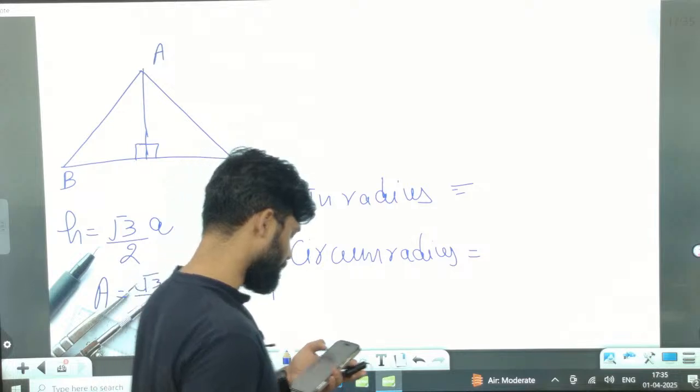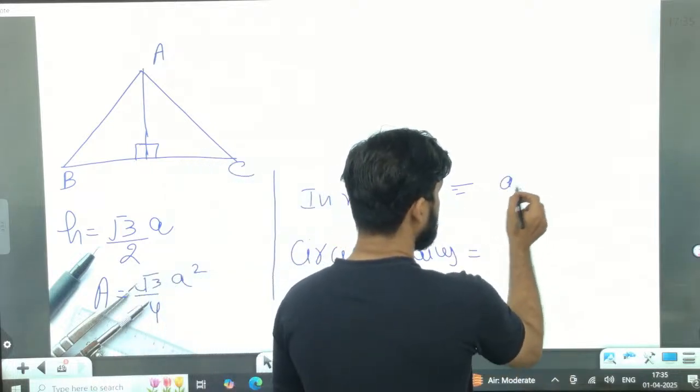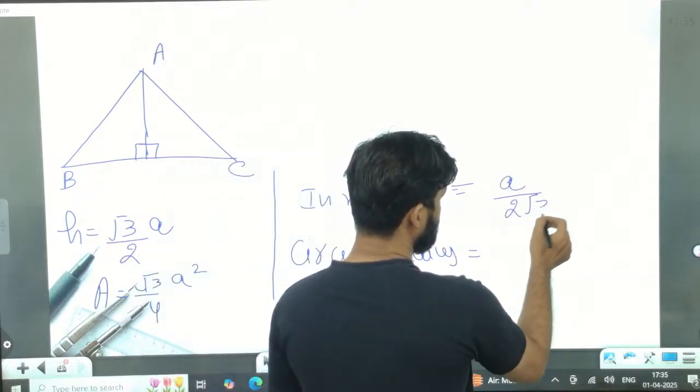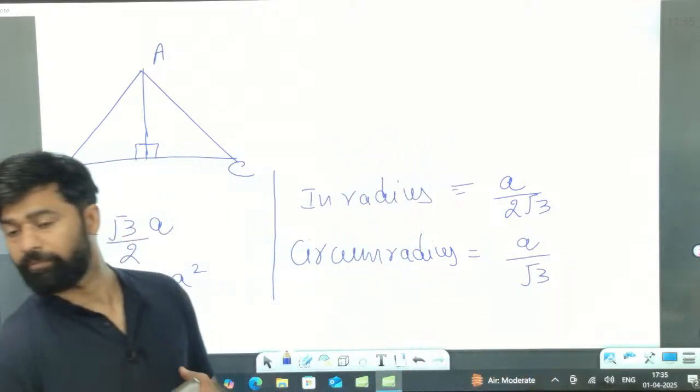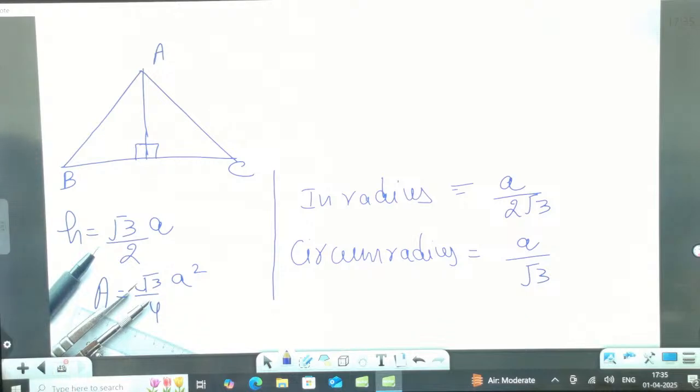So in radius is a by 2 root 3 and circumradius is a by root 3.